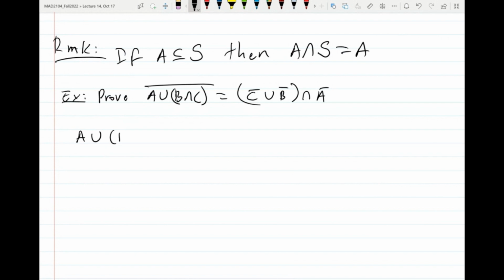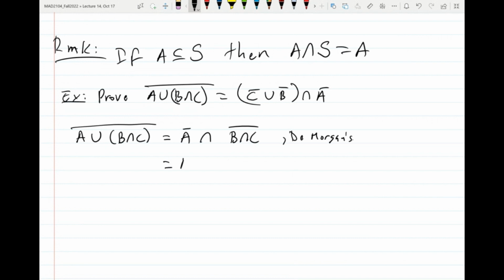So we can start on the left, and then use what we have. So this is the complement of a union. So we know this is A complement intersection the complement of this. Yes, we use De Morgan's. And now we have another complement, so we can do it again.